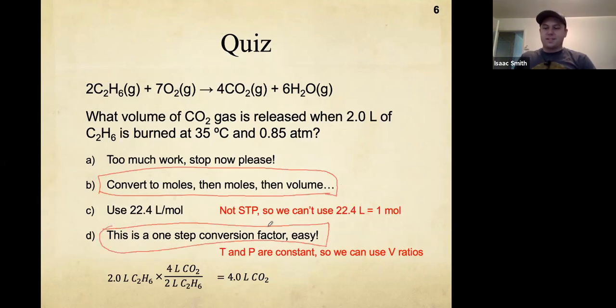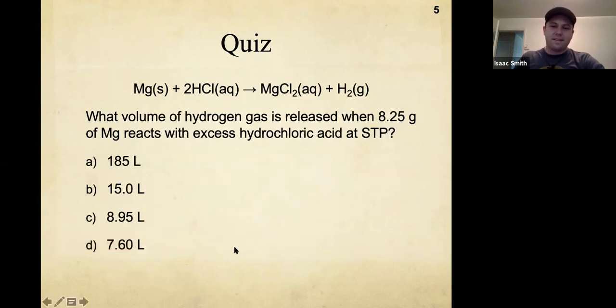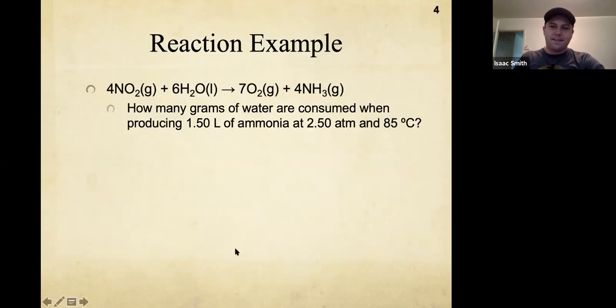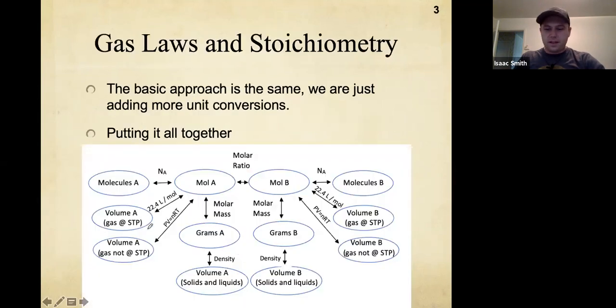One-step conversion factor. So if you remember in the map, okay, let's go back. So we're going from volume of A over to volume of B, right? Again, I said we're going to use this pathway, convert over to moles of B, and then back down to volume of B. Okay.